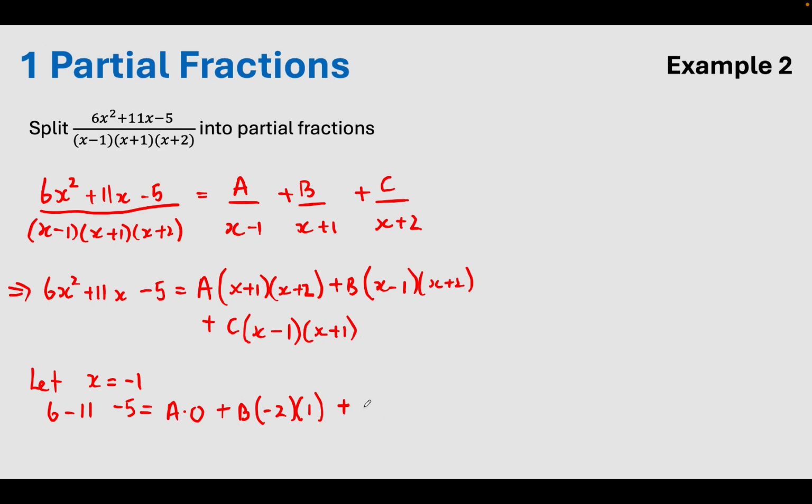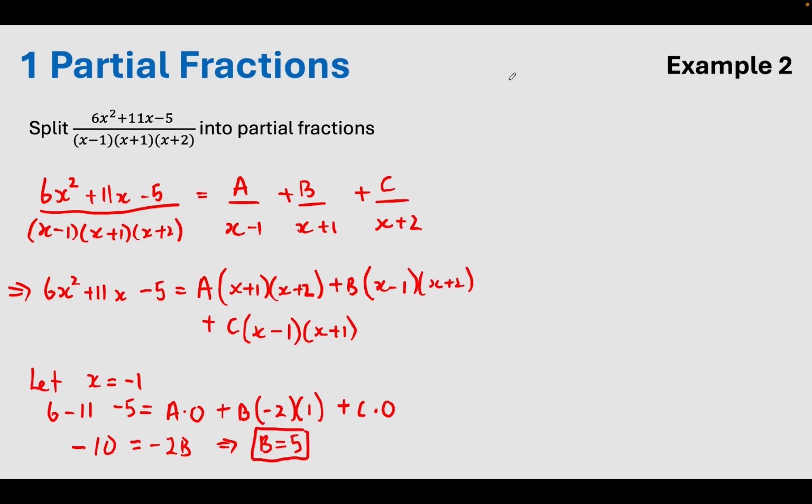Now because this factor cancels, it's just c times 0. So what I'm left with here is I've got minus 16 on this bit and 6, I've got minus 10 equals negative 2b, and therefore b is 5. Okay, so that's our first one.